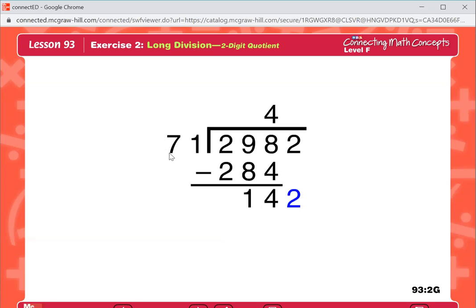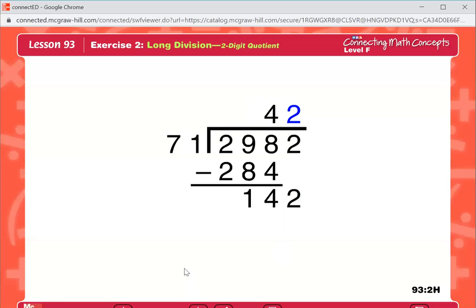What's 14 divided by 7? 2. So we're going to put a 2 up here. Because I just divided these two, 14 divided by 7. So we write 2 as the ones digit in the answer, right here. That's why it's in blue. All right, now our next step is 71 times 2.